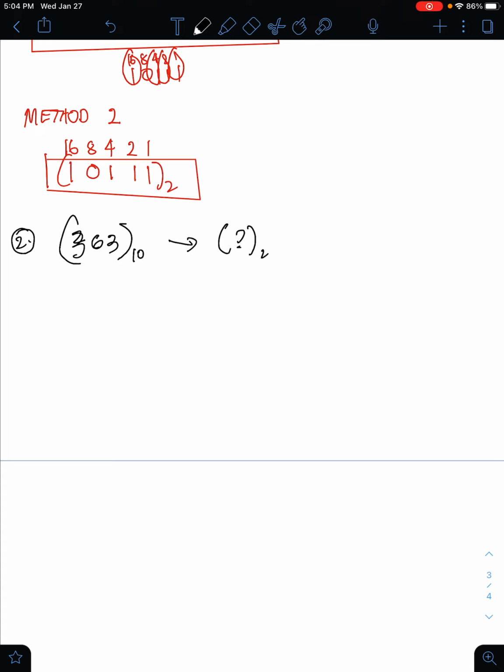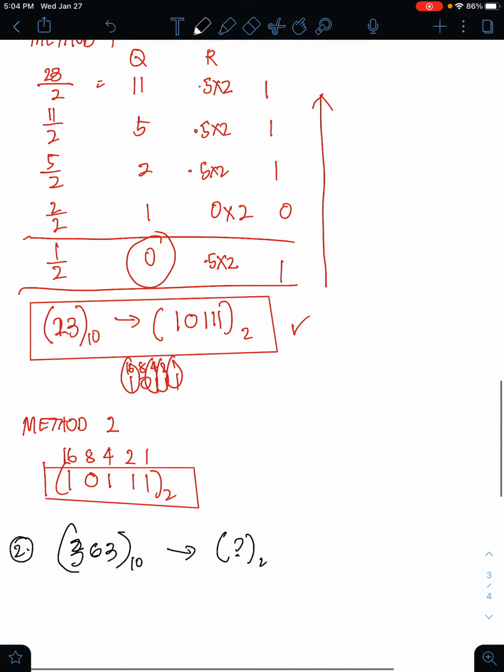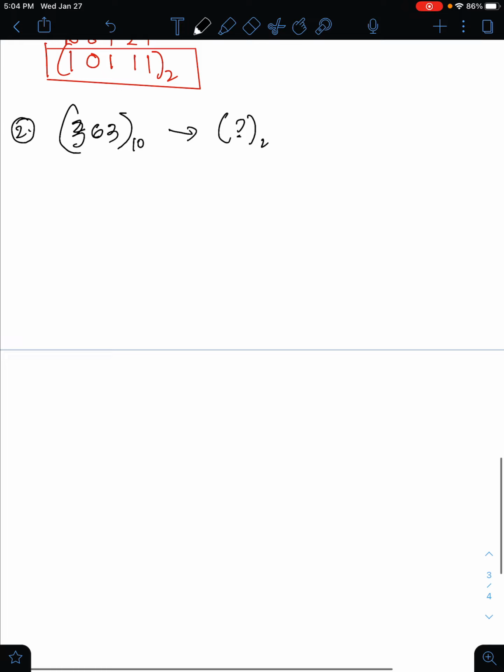Instead of using method 1, which will take a long way because you will be dividing 363 by 2, then dividing the quotient by 2 as well, I'll be using method 2.